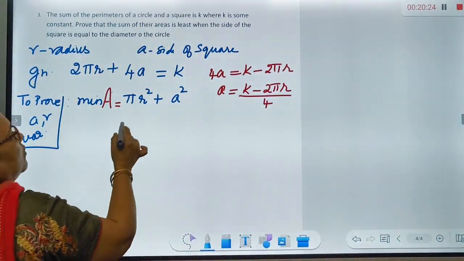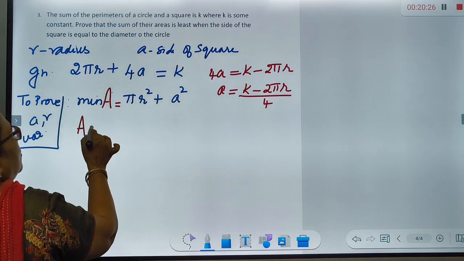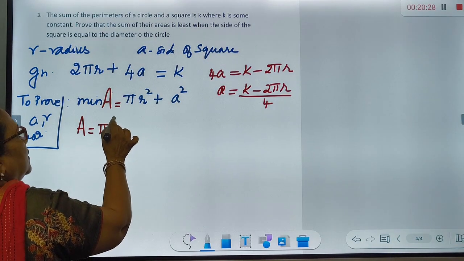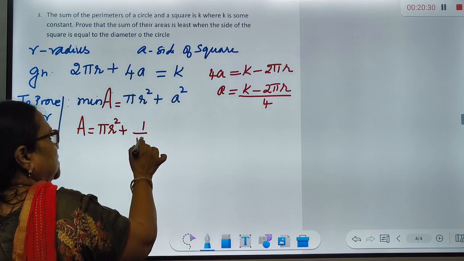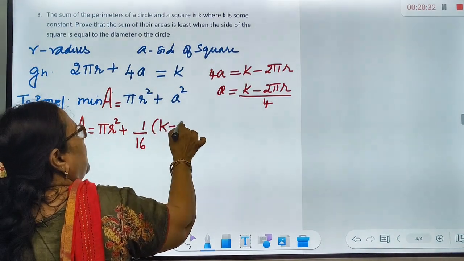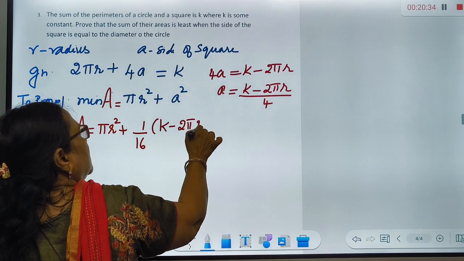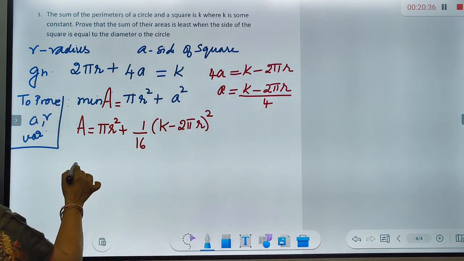Okay. Now, A is equal to pi r square plus a square, which is pi r square plus 1 by 16 into (k minus 2 pi r) the whole square.